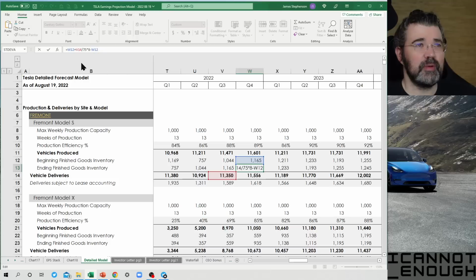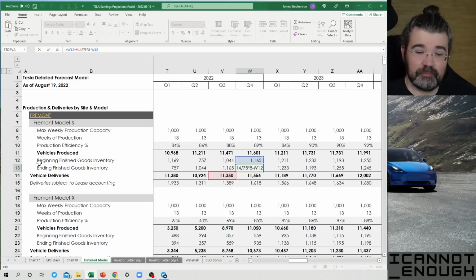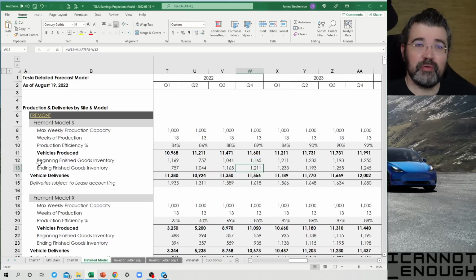And then we assume that in this quarter, Tesla will have 8 days worth of sales of ending inventory. And then we subtract from that the amount that we had to begin the quarter. There you go. That's how you get to this ending finished goods inventory number.